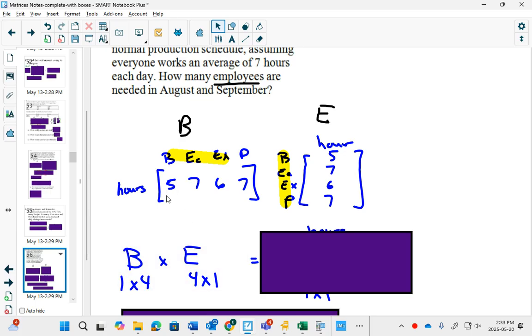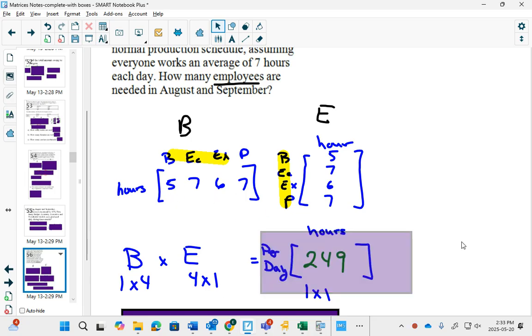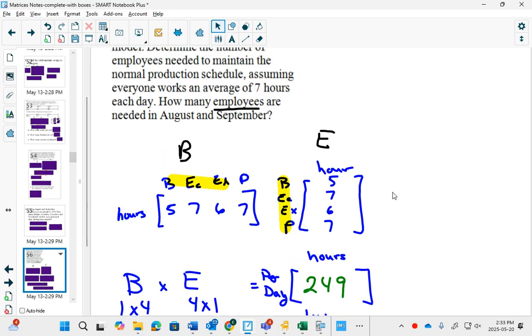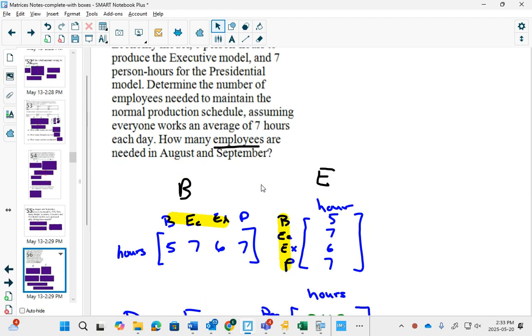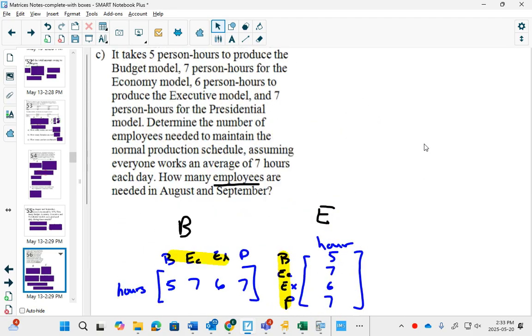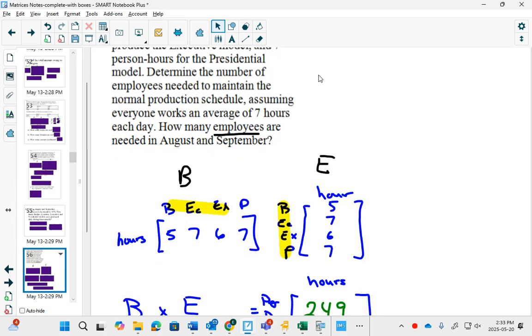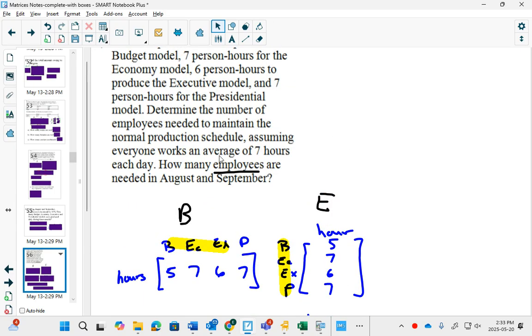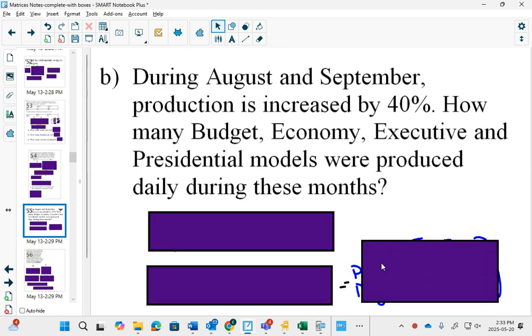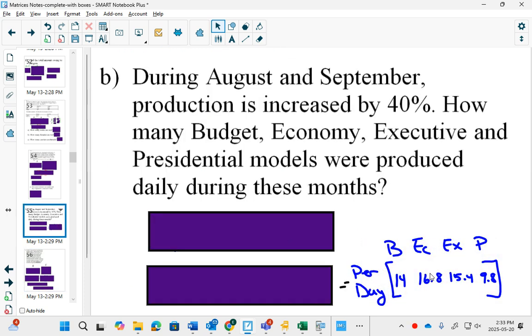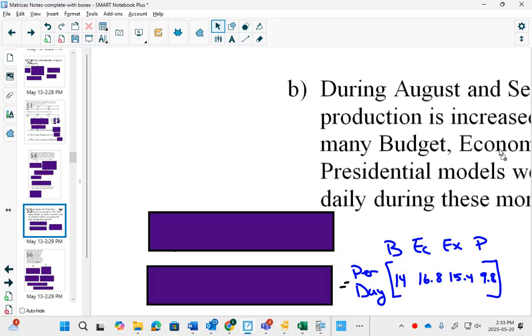So how many employees do I need? This is not quite right. August and September, we just figured that out here. Per day should be this. I'm going to copy that and just paste it.